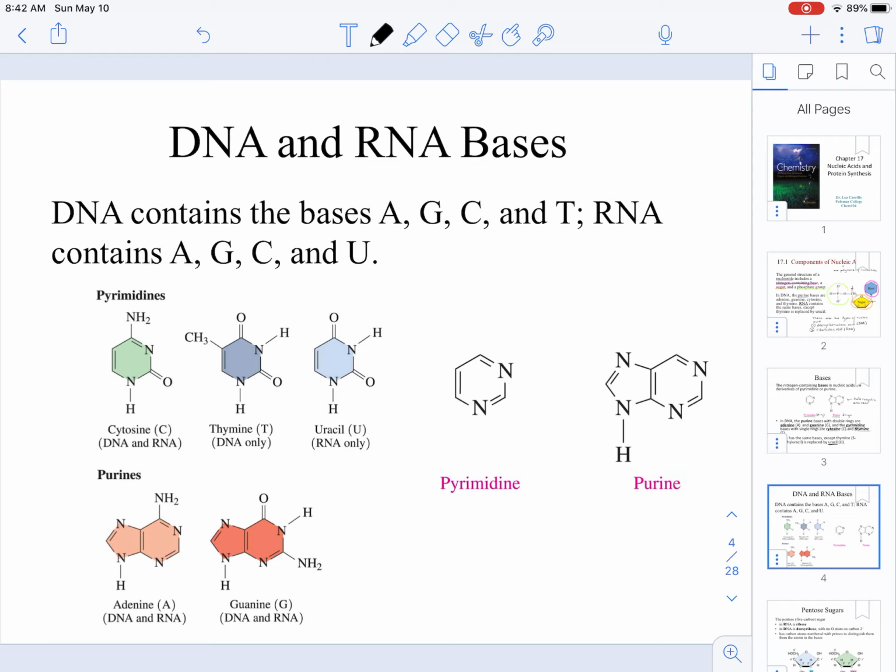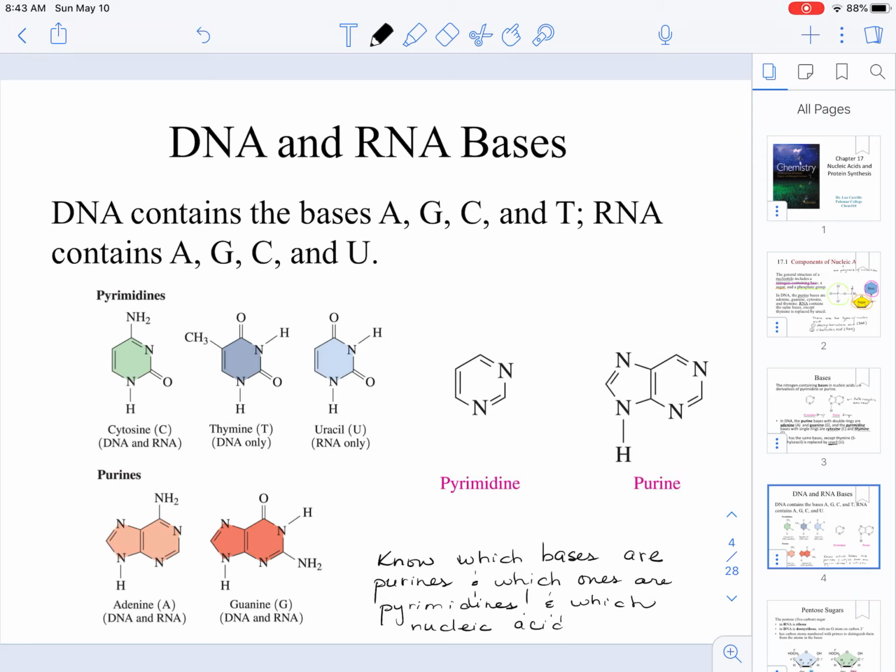Now, I am not going to require you guys to know the structures specifically for cytosine, thymine, uracil, adenine, and guanine, but you should know which bases are purines and which ones are pyrimidines and which nucleic acid they are found in. So that's the information that I require for you guys to know.